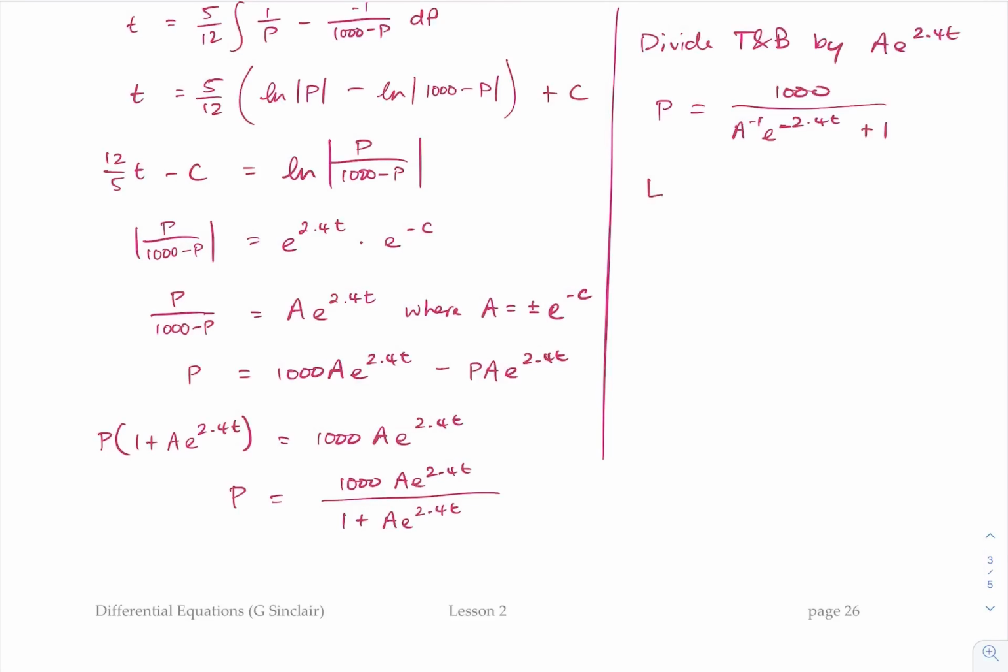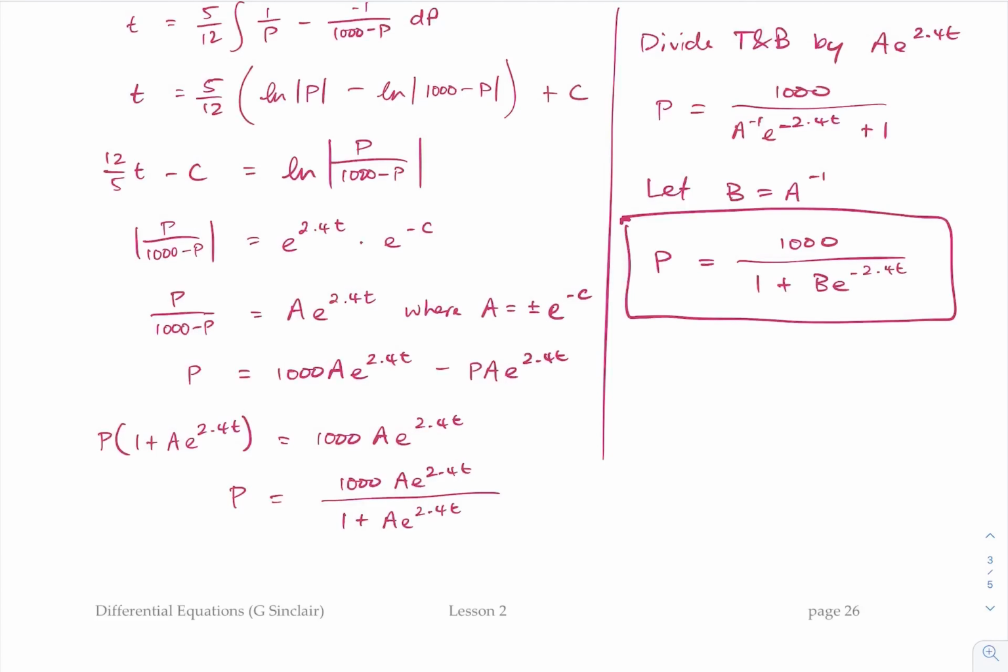And let B equal... Okay, so we have something awesome.